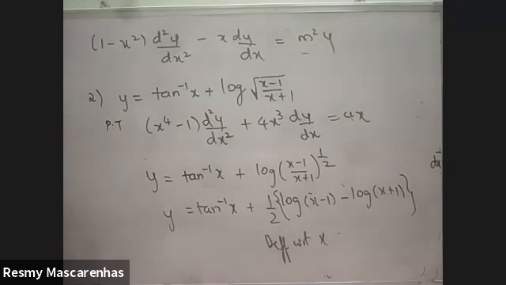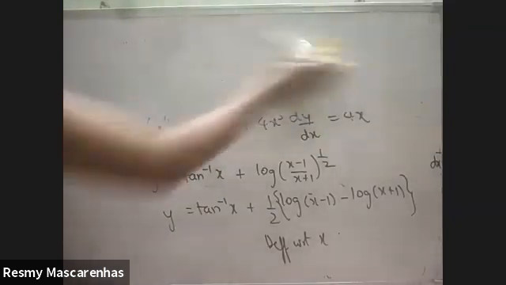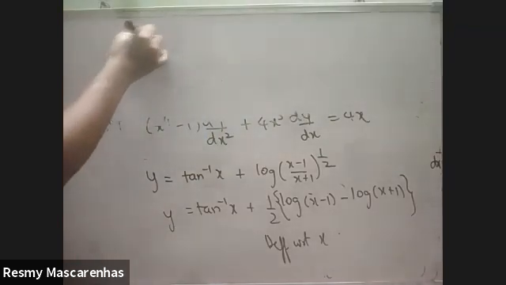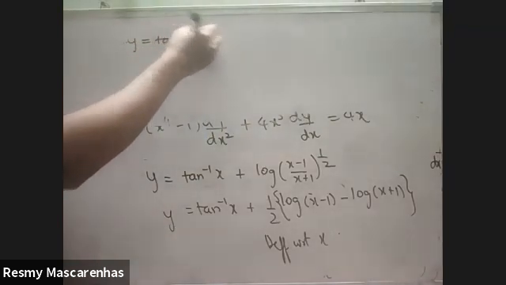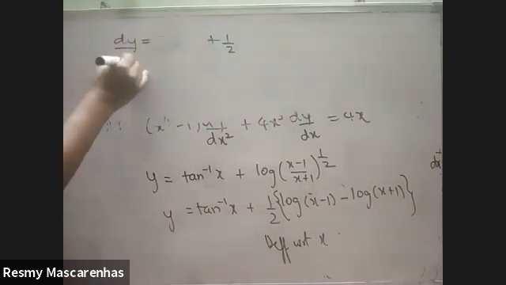Then again you can cross multiply with this one's answer. So y is tan inverse of x. Sorry, after differentiating, this will be dy by dx.